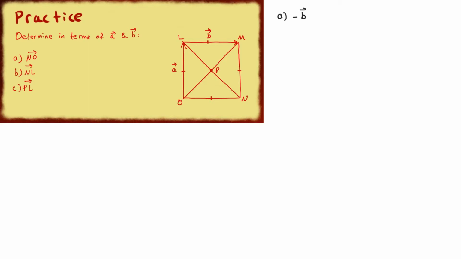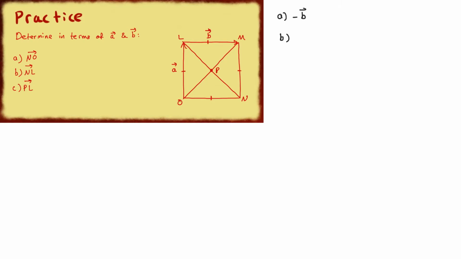Vector NL for part B starts and originates here at N and goes and terminates at L. So we can represent this by starting from here and going in this direction. That's exactly the same as vector A because it is the same magnitude and it's in the same direction as A. So I'm going to start writing that.